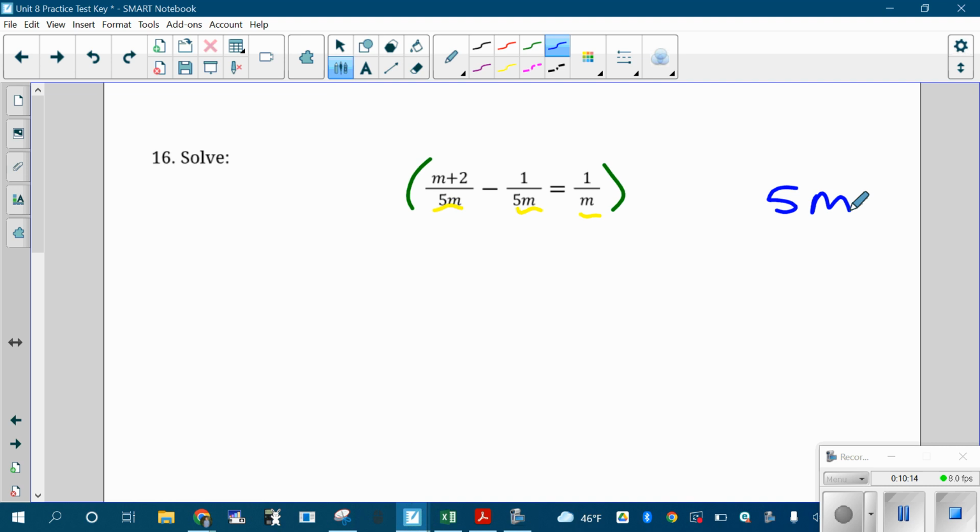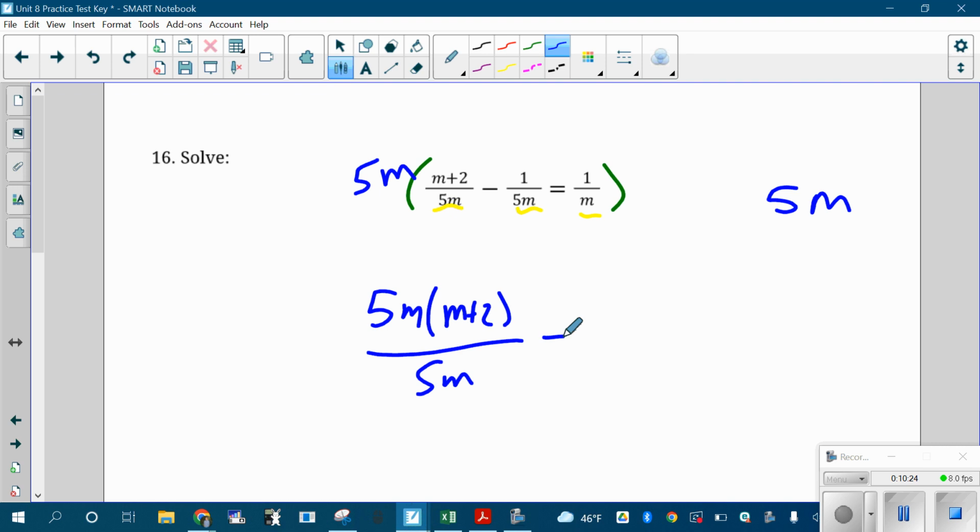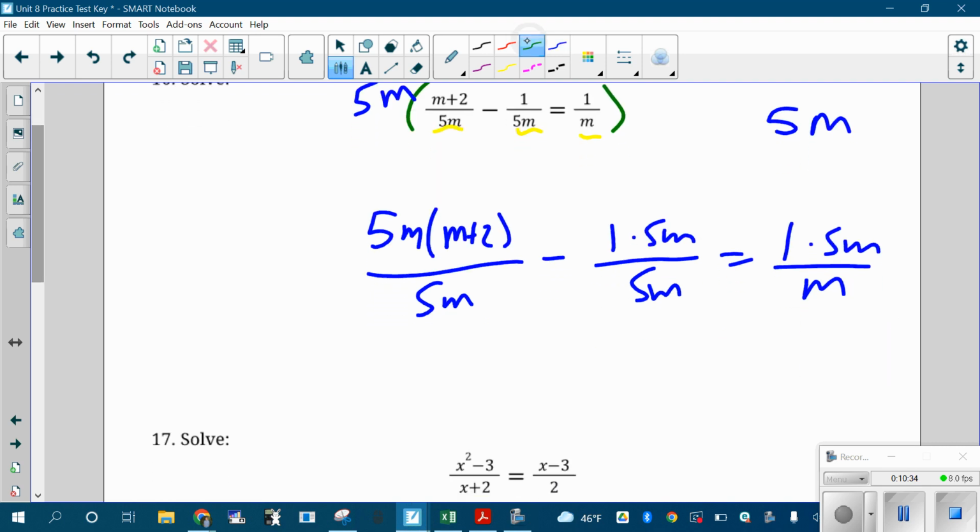That's the least common denominator. So I'm going to multiply through this whole thing by 5m. I'm going to get 5m times (m plus 2) over 5m minus 1 times 5m over 5m equals 1 times 5m over m. I'm going to look at all my fractions and I'm going to simplify them.